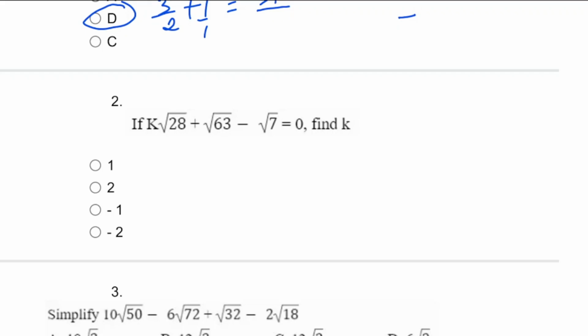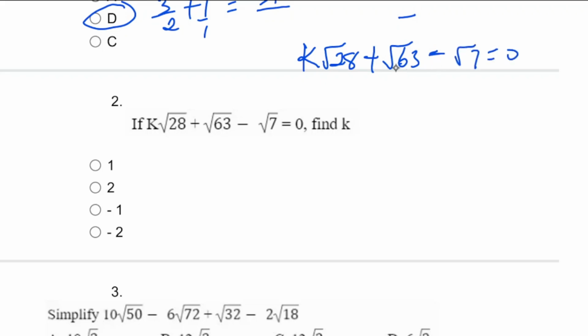So what I'm going to do now is k root 28 plus root 63 minus root 7 equal to 0.